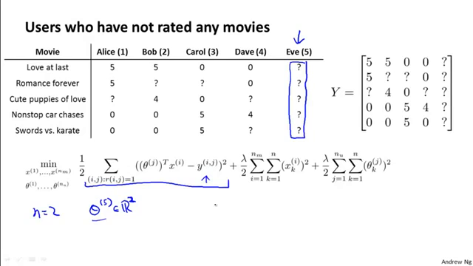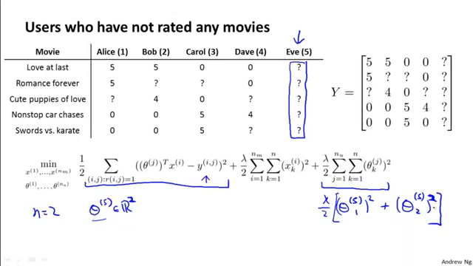And so the only term that affects theta 5 is this term. We're saying that we want to choose vector theta 5 so that the regularization term is as small as possible. In other words, we want to minimize lambda over 2 times theta 5 subscript 1 squared plus theta 5 subscript 2 squared. That's the component of the regularization term that corresponds to user 5.